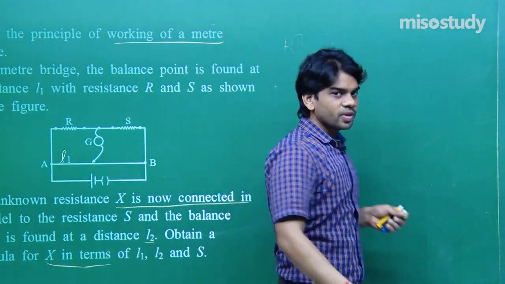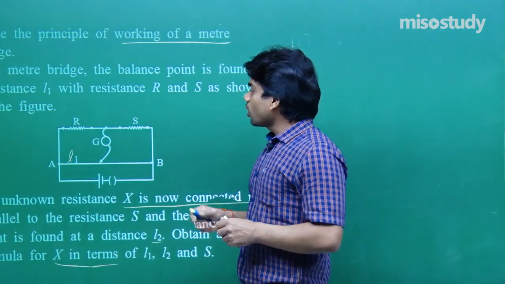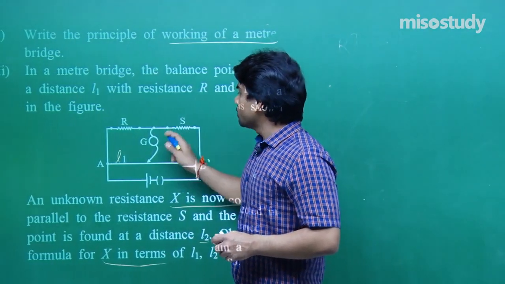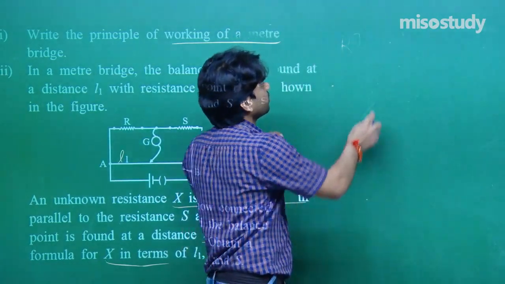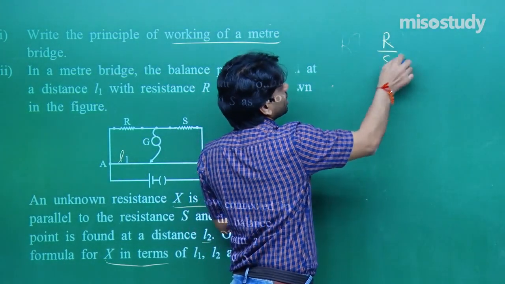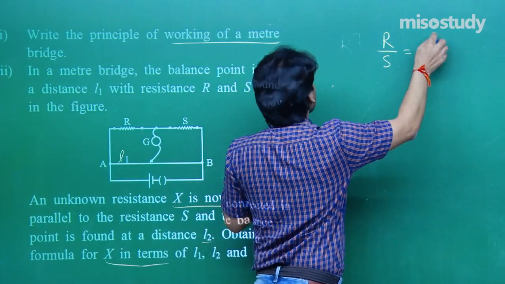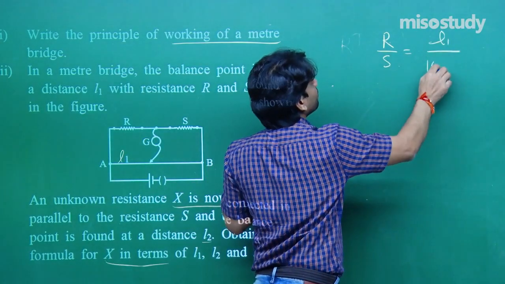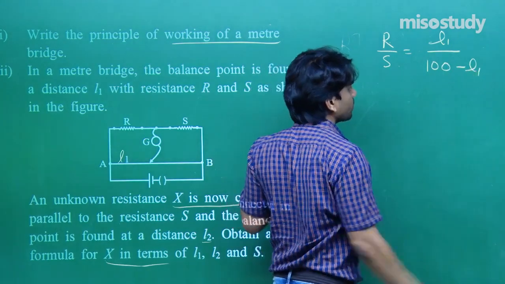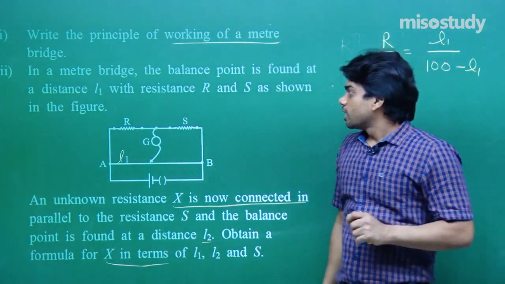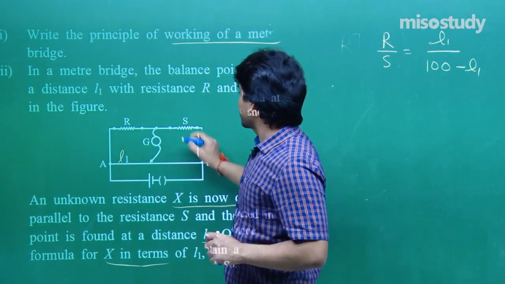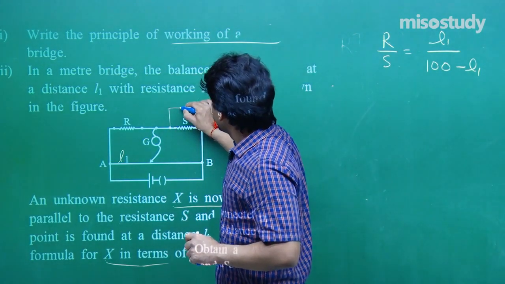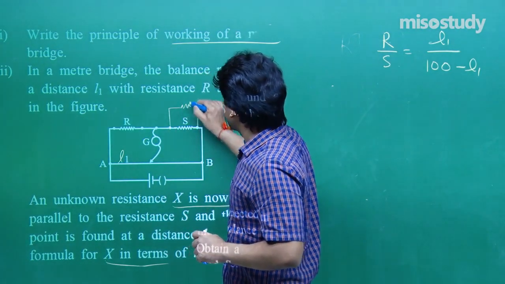So I will be using the figure. Now see this, first of all we can say that R by S will be equal to L1 upon 100 minus L1 in the first balanced case. Now second, here you see X is now connected in parallel to resistance S. Here we have an X connected.